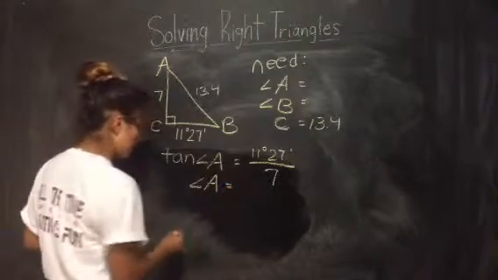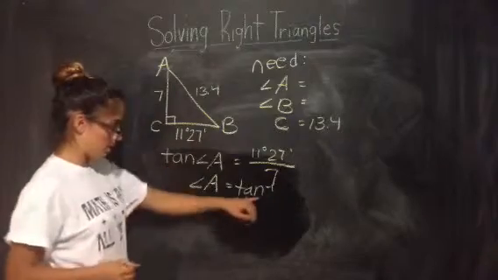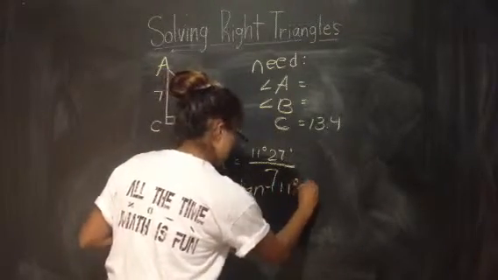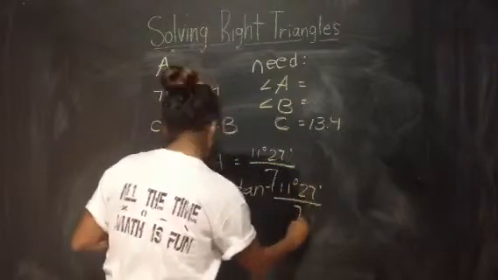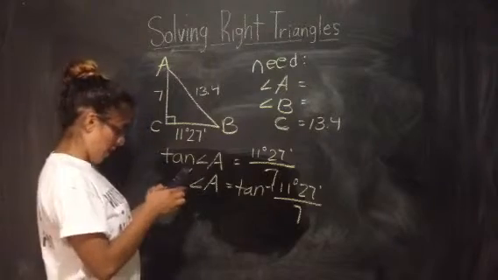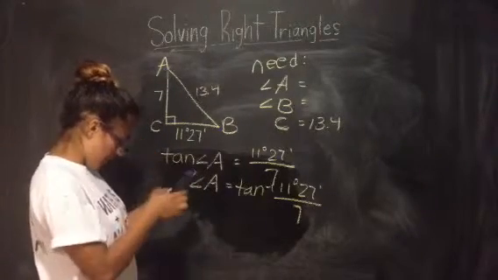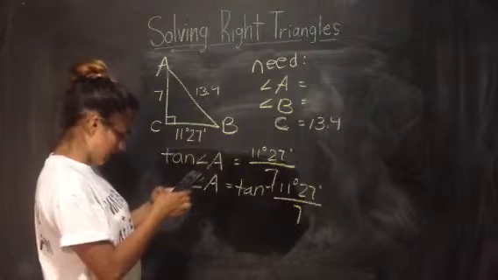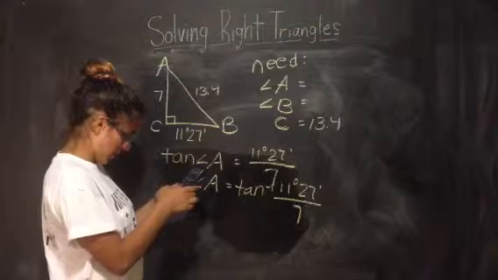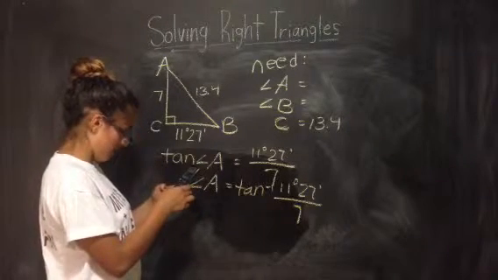So, angle A is equal to tangent inverse, which is written as a -1 exponent, of 11 degrees, 27 minutes over 7. And you can enter the whole thing in your calculator by clicking second tangent key, and then in the parentheses 11 degrees, 27 minutes over 7.